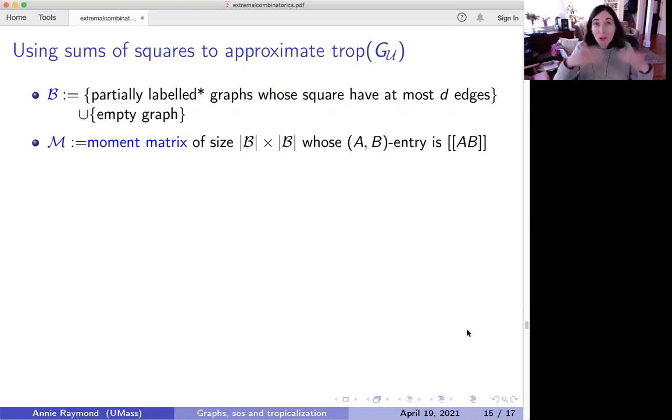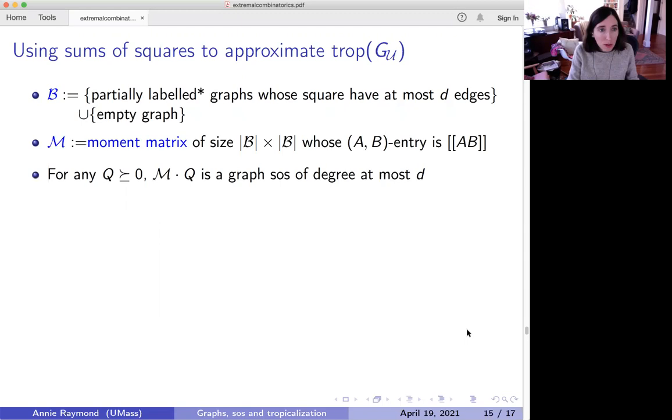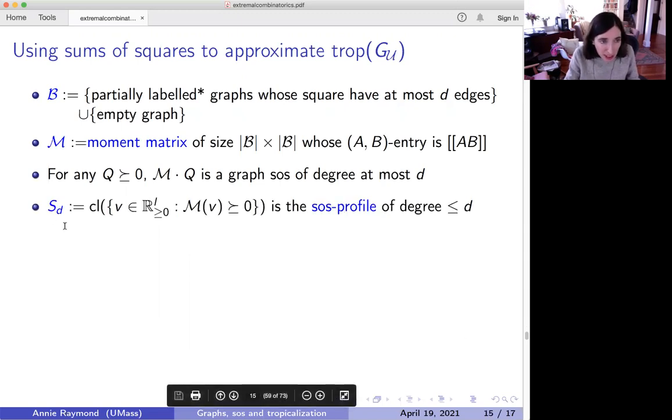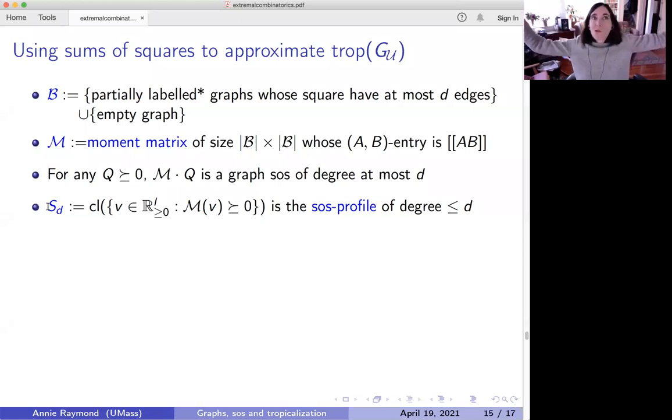Sums of squares won't be able to find all the inequalities that define our graph profile in general, but we could let S_d be, okay, I'm allowing for graph sums of squares involving up to d edges. What points am I obtaining? So I'm going to get all of the graph profile plus some stuff. So this is really all this is saying.